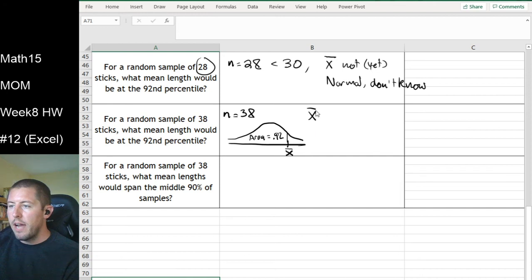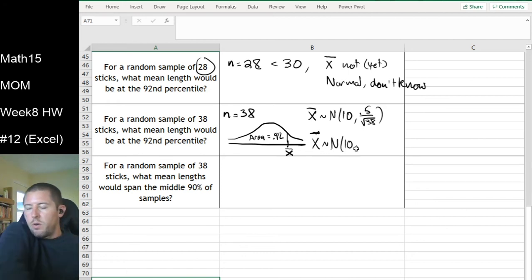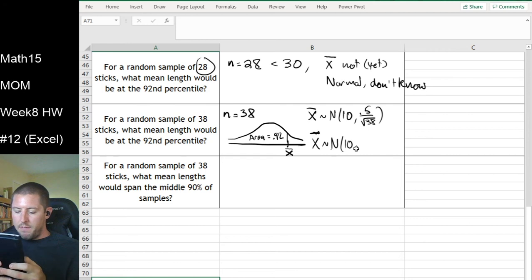Maybe we should do this next here. x̄ is going to be normally distributed, average of 10. Our standard deviation here is starting at the 0.5, and we're dividing by the square root of 38. That's going to give us x̄ distributed normally, average of 10. Go to my calculator real quick. 0.5 divided by the square root of 38, and I'm getting 0.08111.